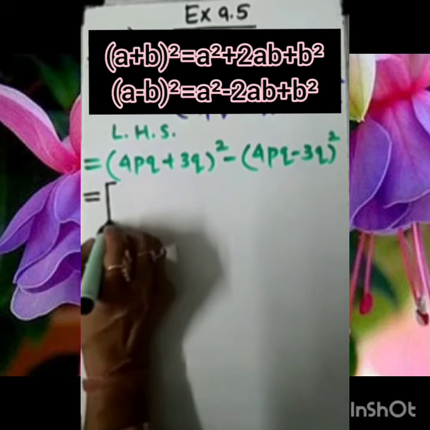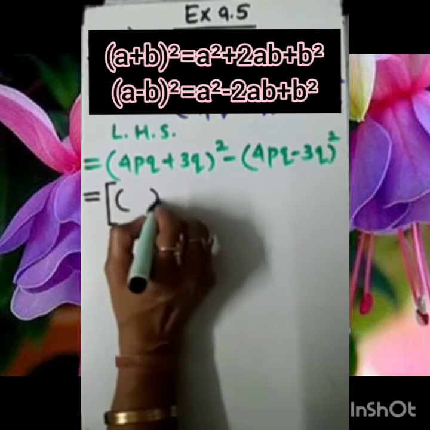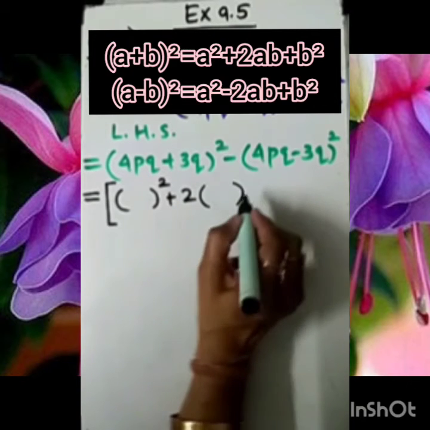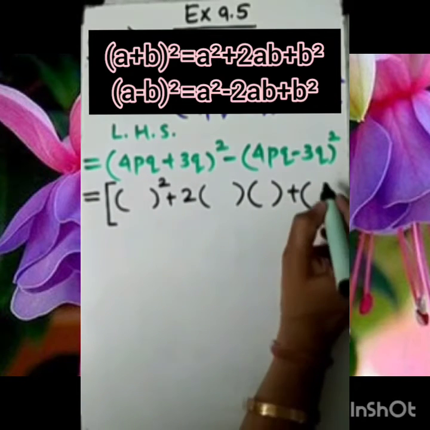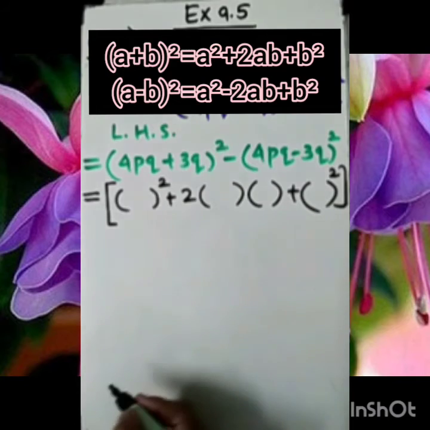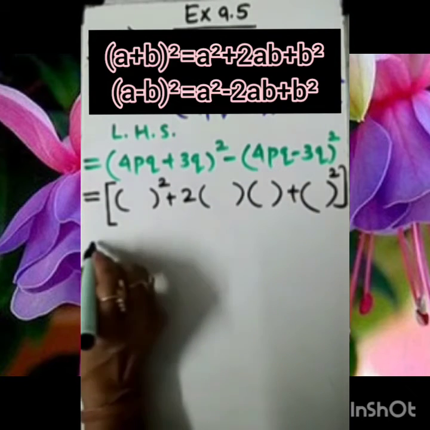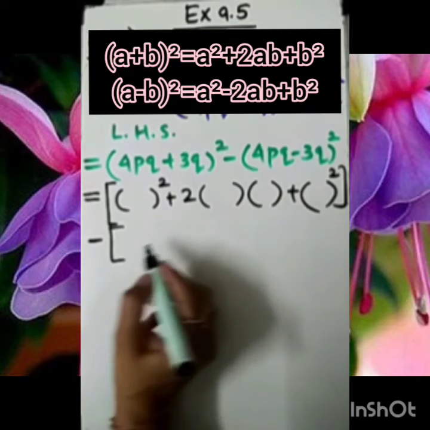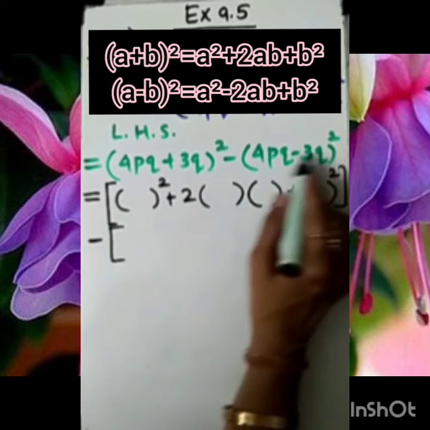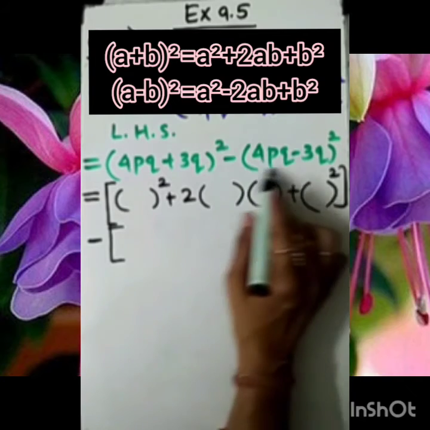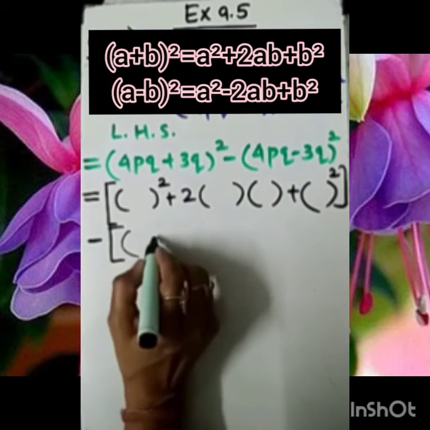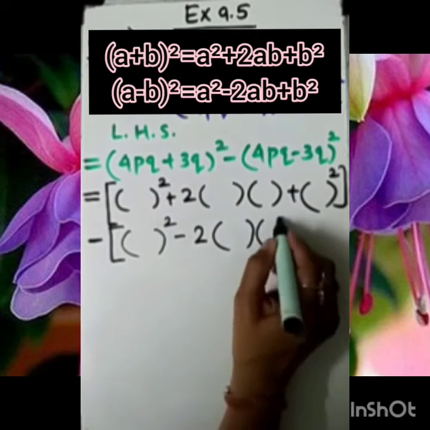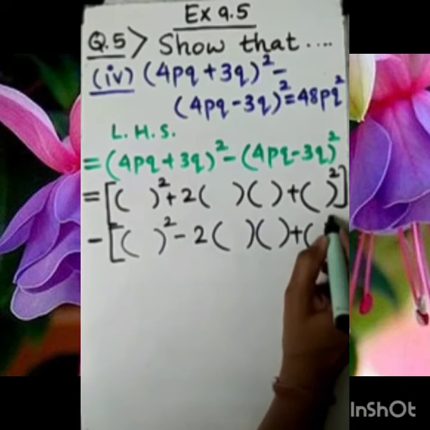First of all, I am writing the identity: a square plus 2ab plus b square. Bracket over. Between that, which sign is there? Minus, so here not equal to, this is minus. Now I'm going to write the second identity for this portion: a square minus 2ab plus b square.